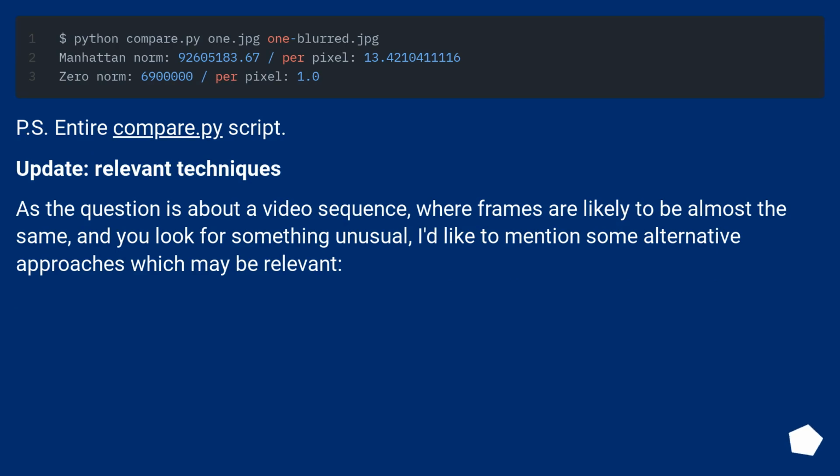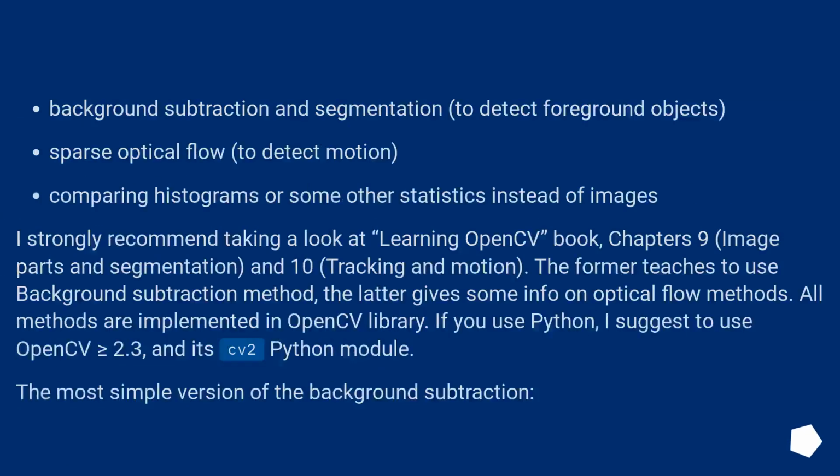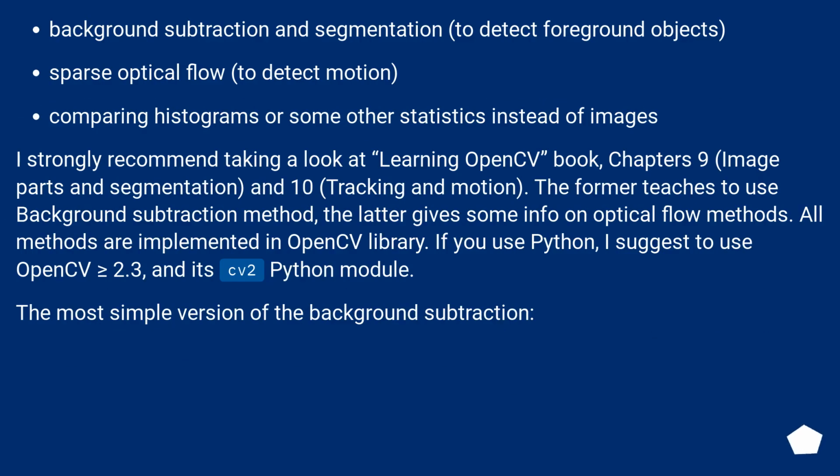As the question is about a video sequence, where frames are likely to be almost the same, and you look for something unusual, I'd like to mention some alternative approaches which may be relevant. Background subtraction and segmentation, to detect foreground objects, sparse optical flow, to detect motion, comparing histograms or some other statistics instead of images.